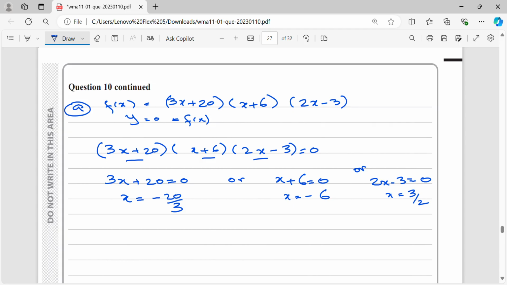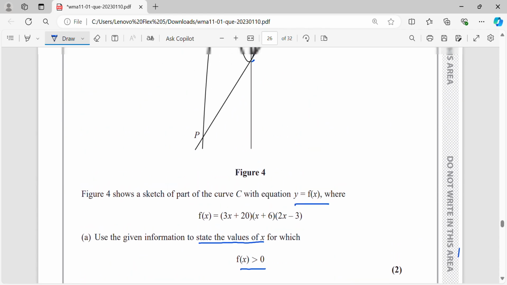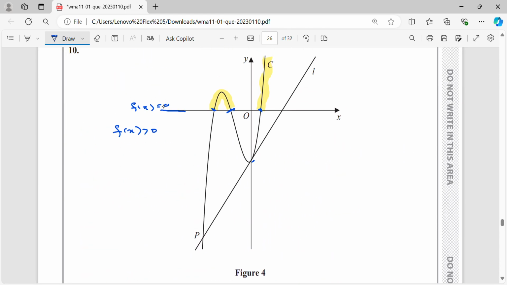Okay, so here I have negative 20 over 3. This point is minus 20 over 3. This is negative 6. And this point is 3 over 2, which is 1.5.